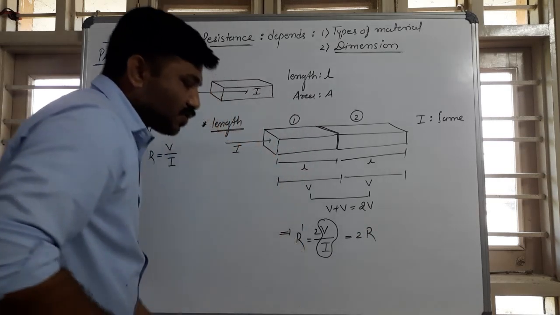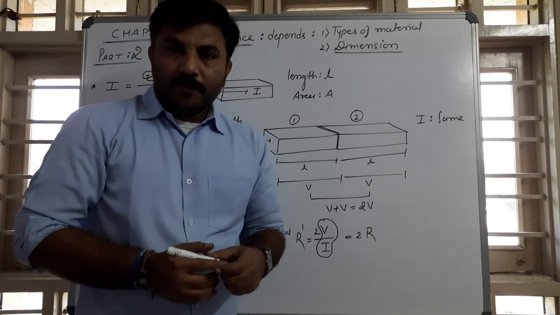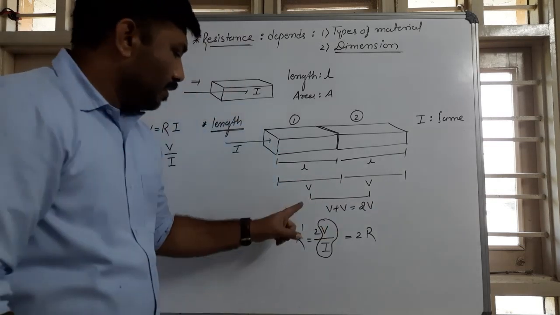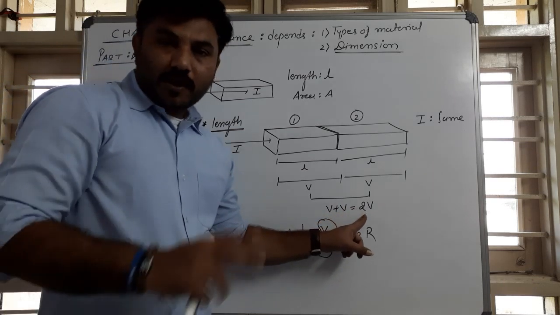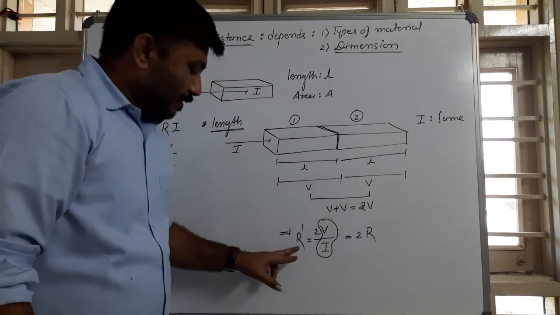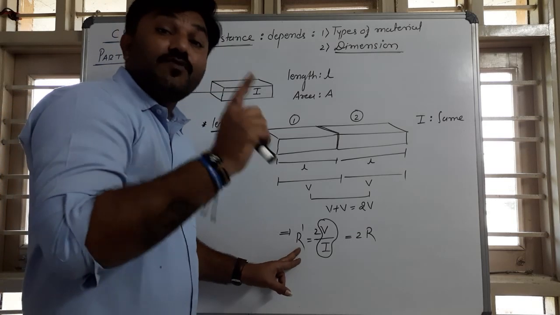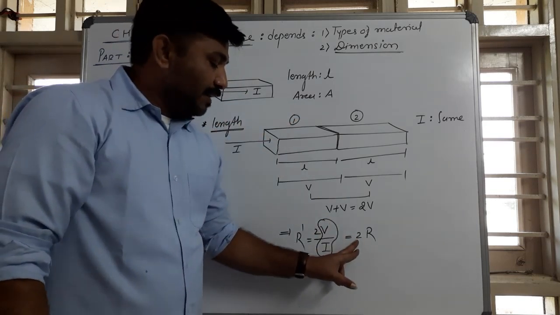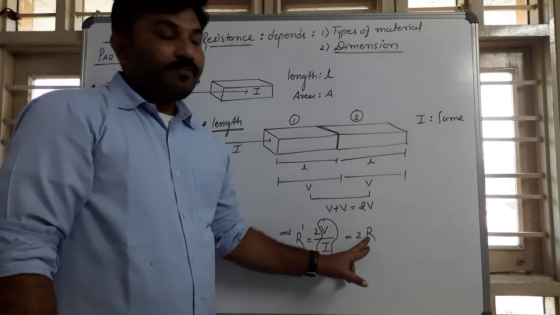This equation shows that if the length of a conductor is doubled, then the electric potential also doubles, so the net, effective, total resistance becomes double the original resistance. Clear?